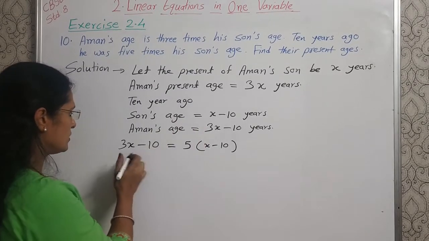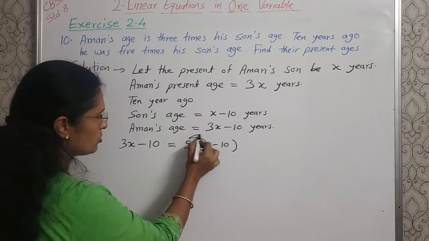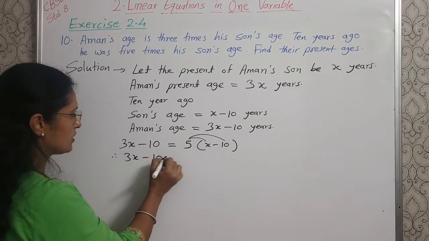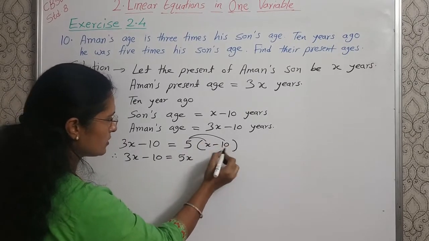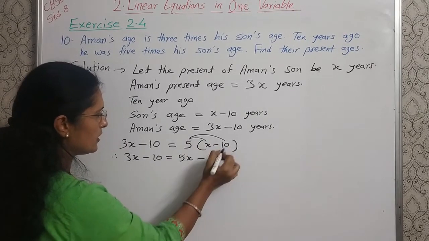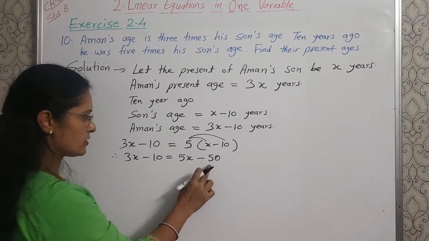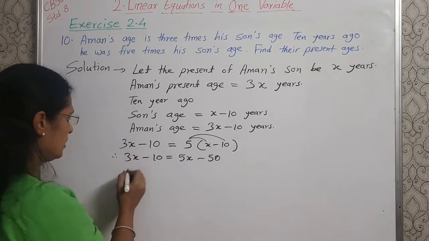Now we will solve this equation. First multiply this 5 with both of these terms from the bracket. 3x minus 10 is equal to 5 into x is 5x, 5 into minus 10 is minus 50. 5 tens are 50. Now we'll shift this 3x towards RHS and minus 50 towards LHS.